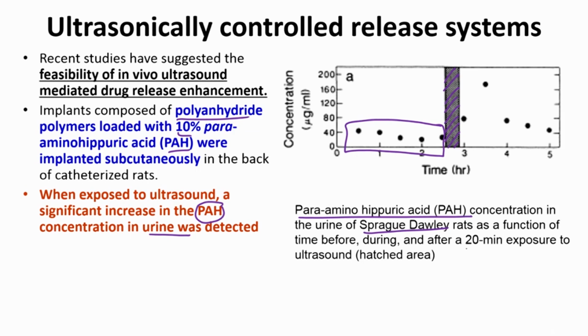This is a 20-minute exposure of the ultrasound, and what you find is that following that, within an hour you start seeing a very high concentration of PAH being present in the system as well as being released in the urine, and eventually it goes down, since you have stopped giving the ultrasound and the energy is no longer there. So it goes back to the basal rate it was at earlier.